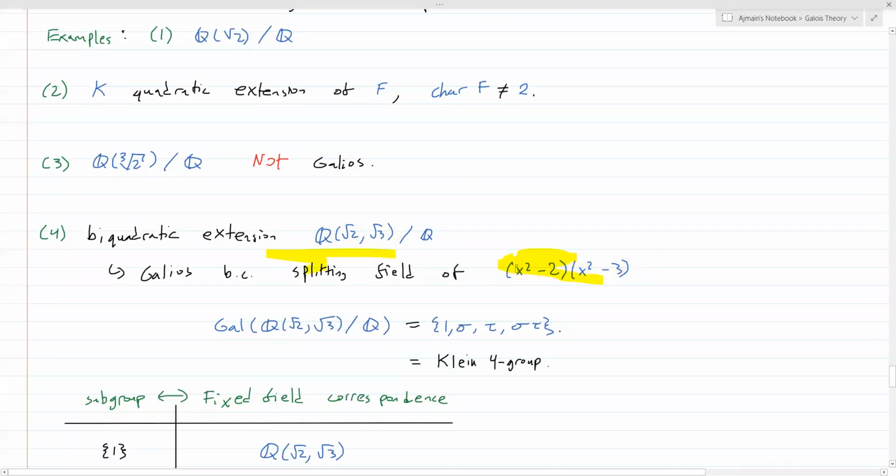This is not irreducible, but it's a product of irreducible polynomials. So each factor is irreducible, each factor is separable, and also none of them have overlapping roots. So this has 4 distinct roots, which is equal to the degree of the polynomial. So it's a separable polynomial.